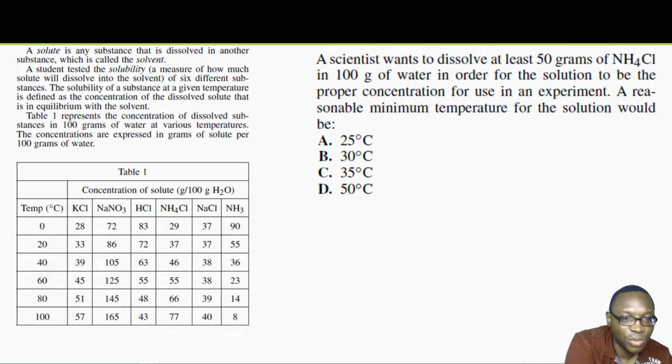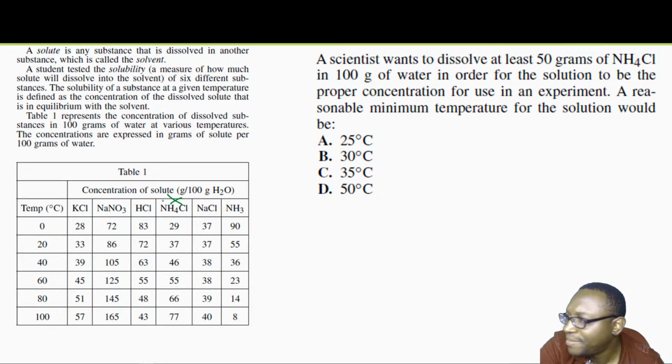And then the last one for this passage. It's where a scientist wants to dissolve at least 50 grams of NH4Cl in 100 grams of water in order for the solution to be a proper concentration for use in an experiment. A reasonable minimum temperature for the solution would be, so we're looking at NH4Cl, so this is all we care about, that column.